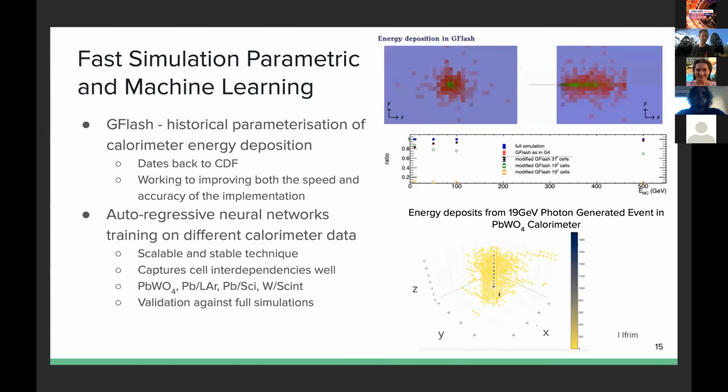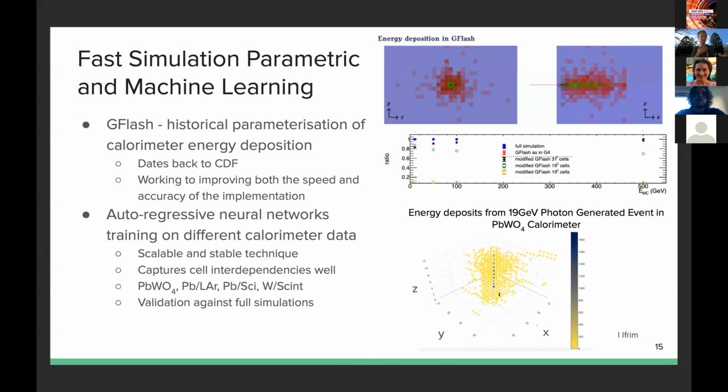A couple of other things which are going on is a complete revamp of the GFlash implementation inside of Geant4. This is rather an old fast simulation model, but we now know that we can improve both the speed and the accuracy of that implementation to the extent where it could be of interest to the experiments.